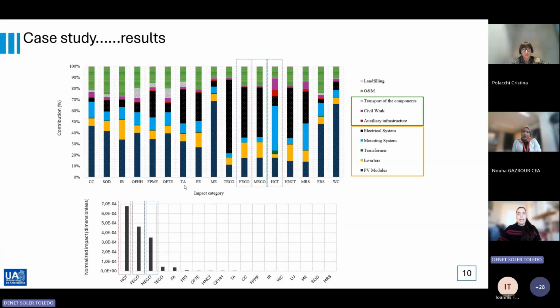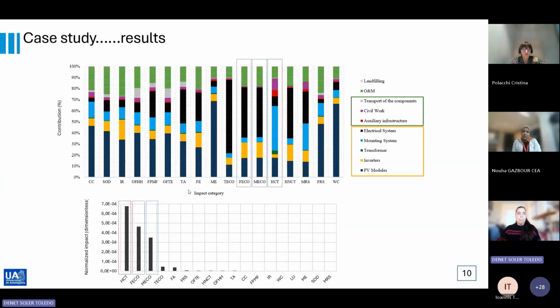And now I will show you some of the results. First of all, it's important to note that the manufacture stage is the most important contribution in the results.